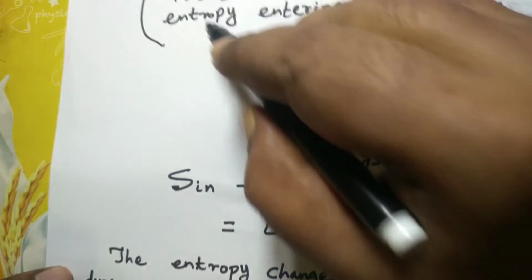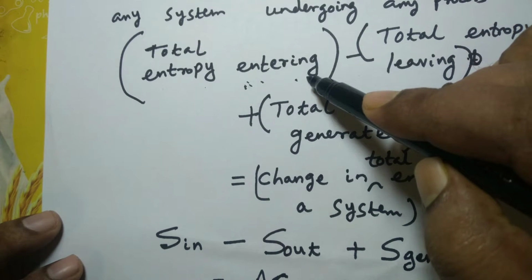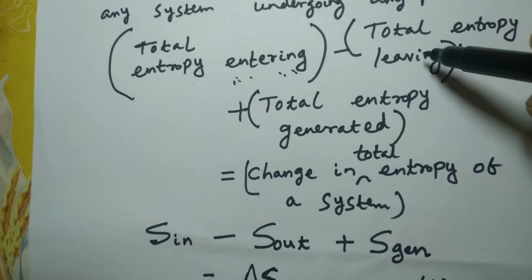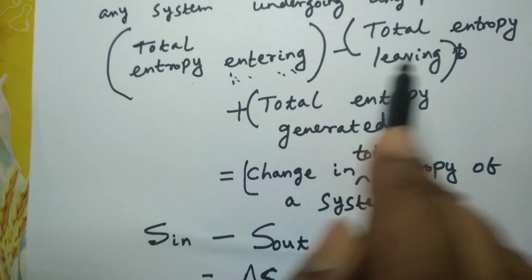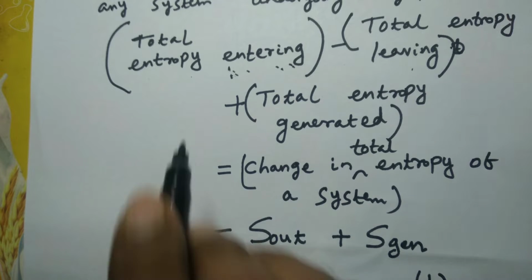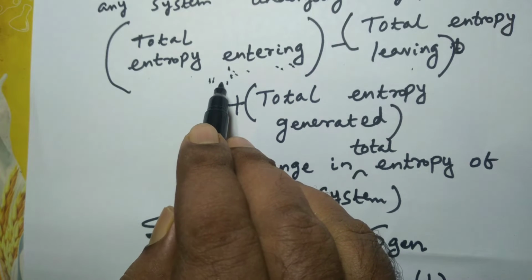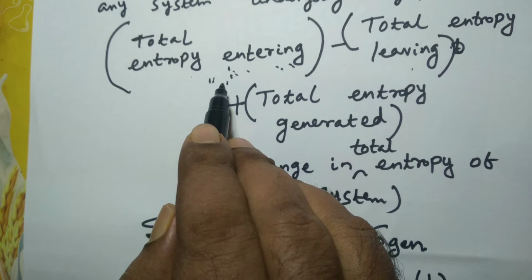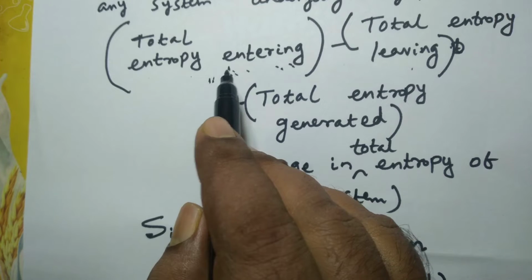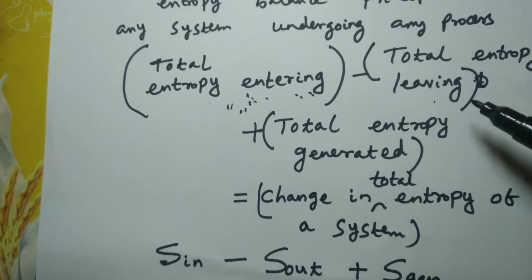You see, these two are boundary phenomena. This is the total entropy entering into the system through the boundary, and this is the total entropy that is leaving the system through the boundary. So the difference is the net entropy transferred into the system. This is the entropy that is transferred into the system during the process with the addition of heat or any other mechanism that we are going to discuss, that is, with mass also entropy can enter, because it is an extensive property.